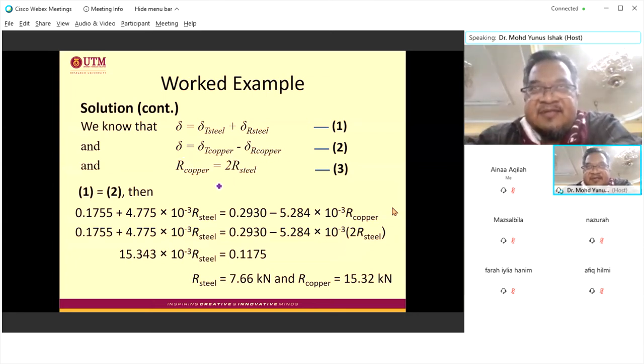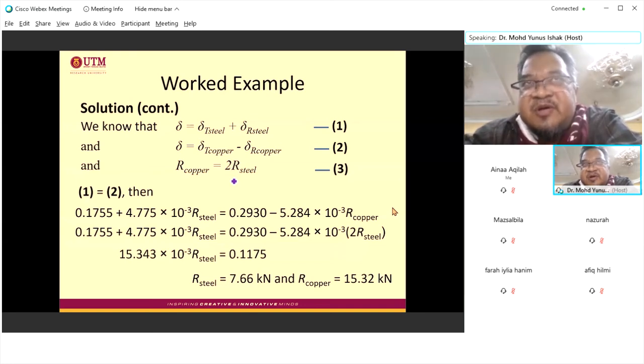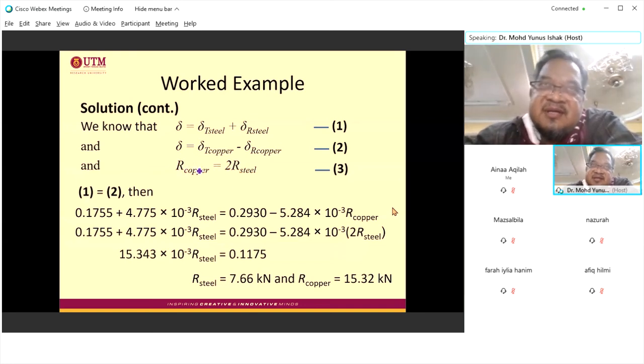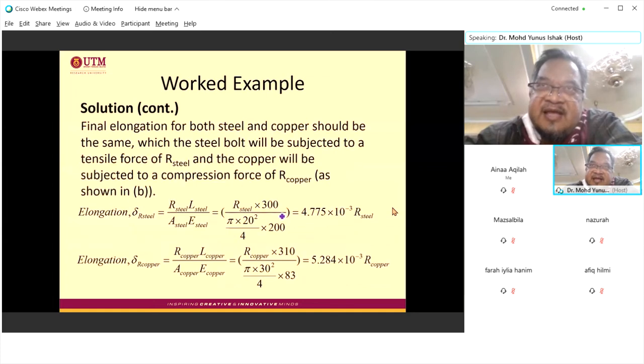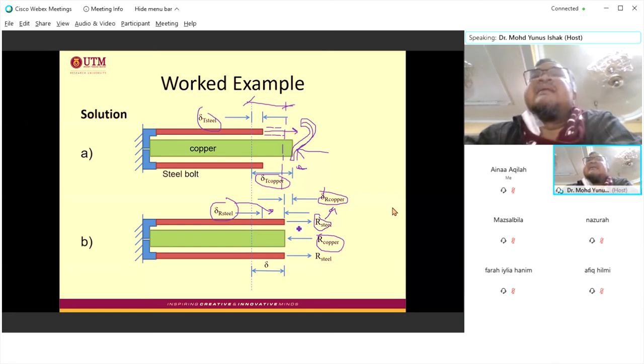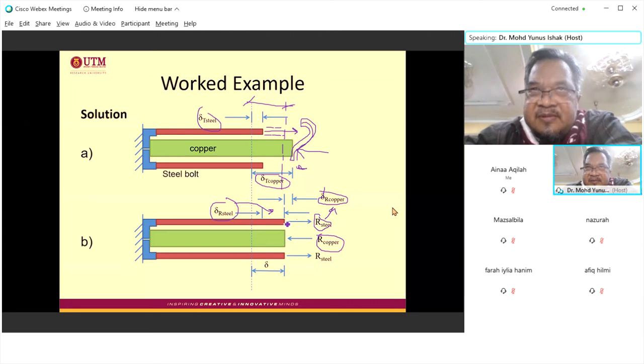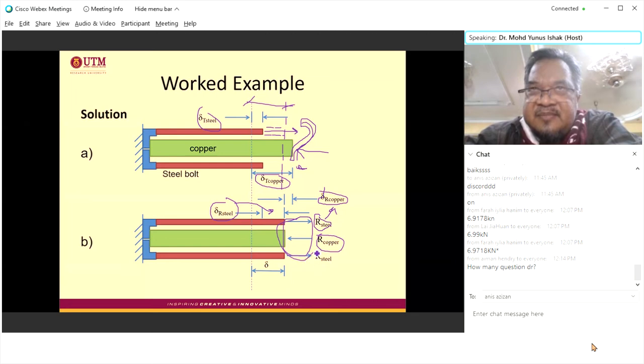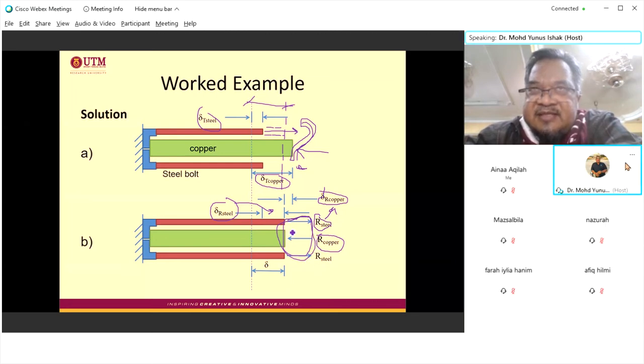And we have the third equation, which we call the equilibrium equation. Forces pointed left must equal pointed right. So if the left is R, the right is 2R still. In order to make equilibrium, forces acting to the left must equal acting to the right.